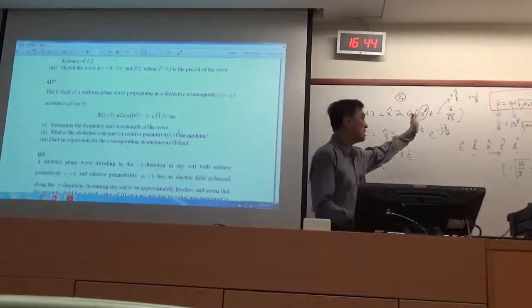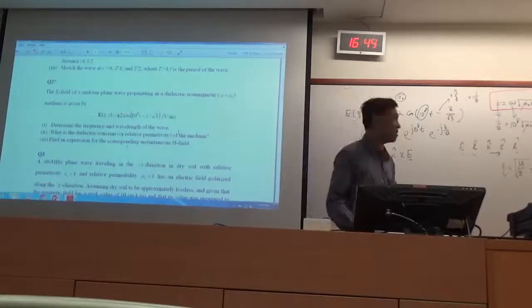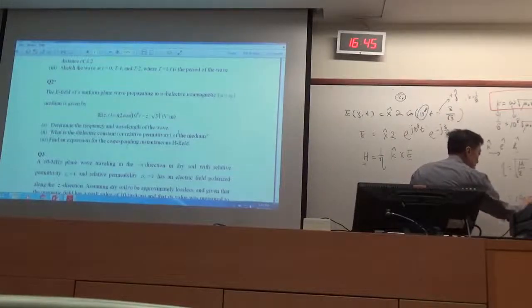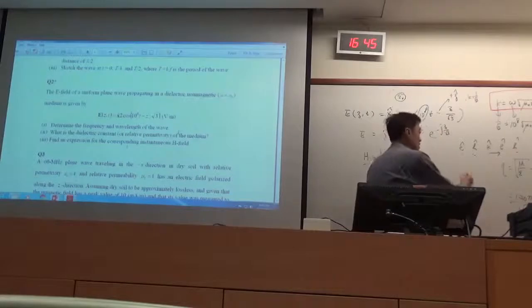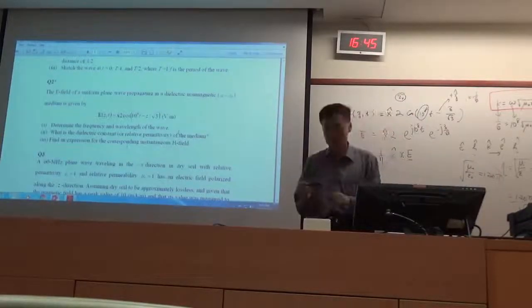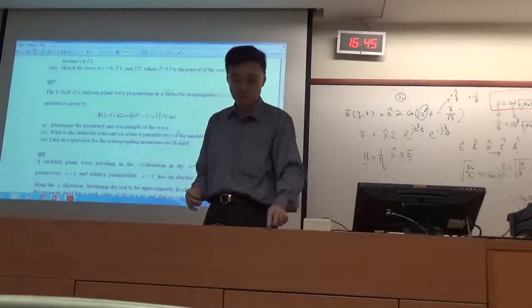In all these procedures, I never make use of mu naught and epsilon naught at all. So this is equal to 120 pi divided by square root of epsilon r, because square root of mu naught over epsilon naught is equal to 120 pi. So I just plug them in. There you go.